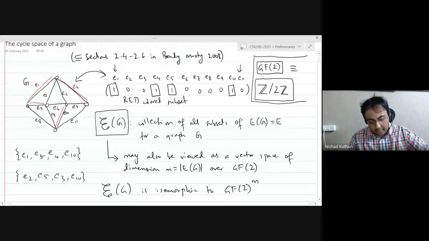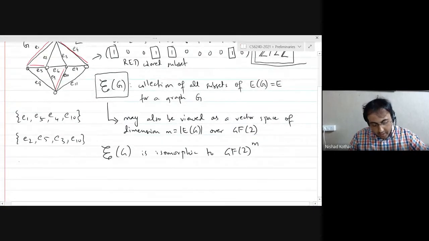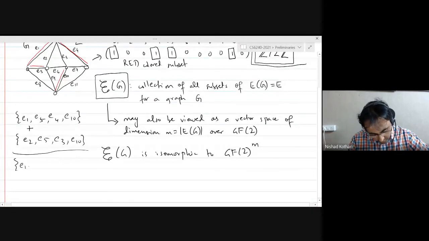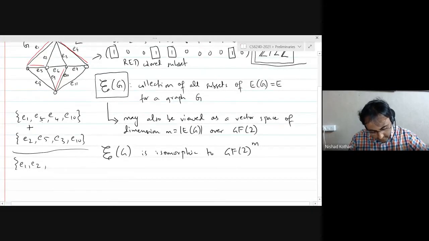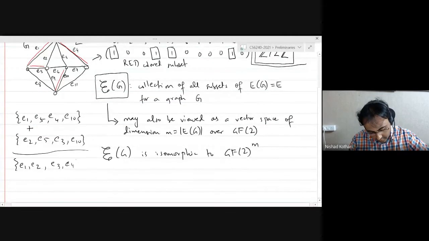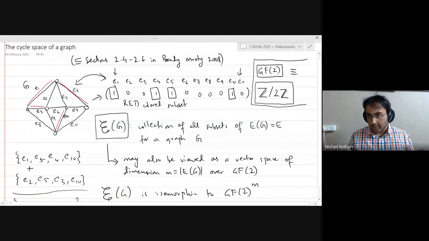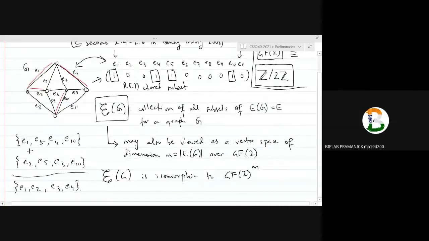One of the vectors is already written here for you, and the other one you can make yourself. But essentially, taking the sum of these two vectors is the same as taking the symmetric difference of these two sets, right? So if I were to take the sum of these two vectors, I would get E1, E2, E5 gets cancelled, E3 and E4 remain, and E10 gets cancelled, right? And so that is how the vector sum works as well. So instead of thinking about vectors, you can always think about sets.